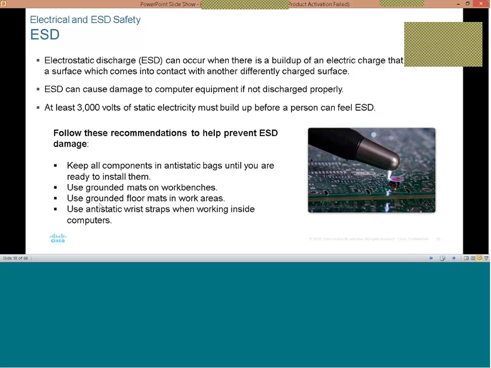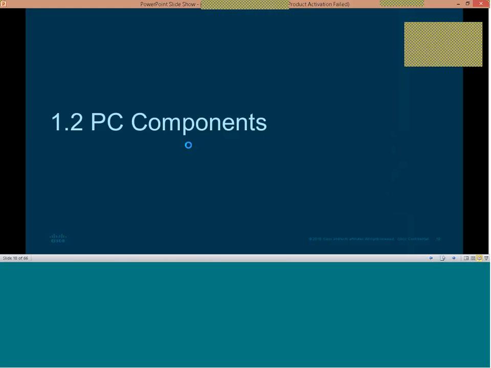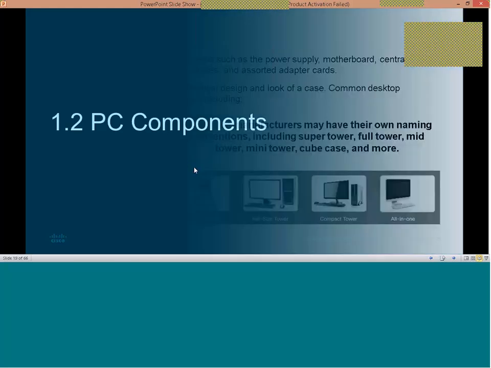All this is to help ground excess voltage. And then we use anti-static wrist straps, like I was saying, when working inside the computer, so that you're not expected to use your bare hands to work inside the computer system. So these are some of the precautions that we have to take as instructors so that our students will know the right thing to do all the time. Okay, so we'll quickly look at the PC components.